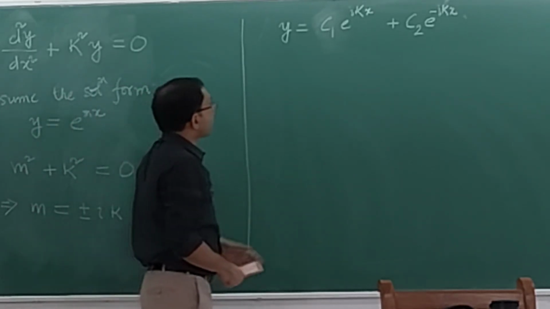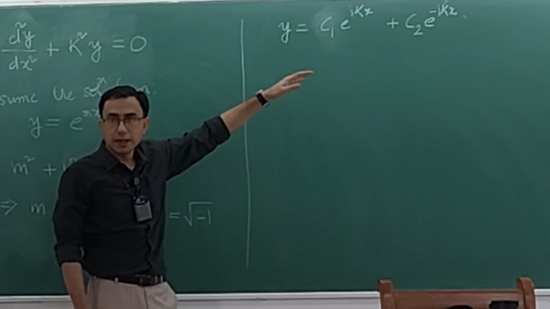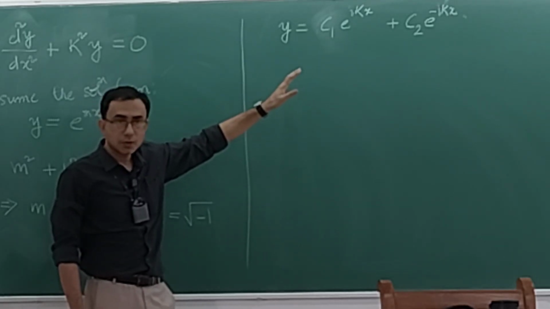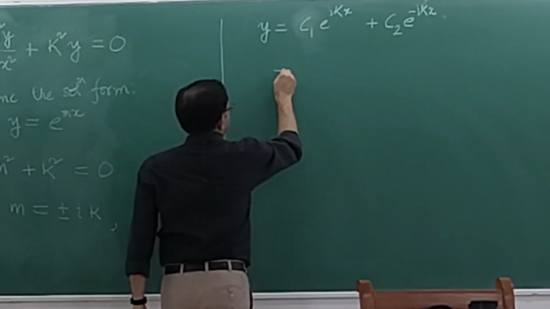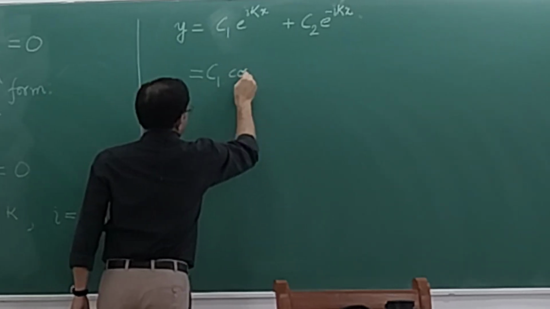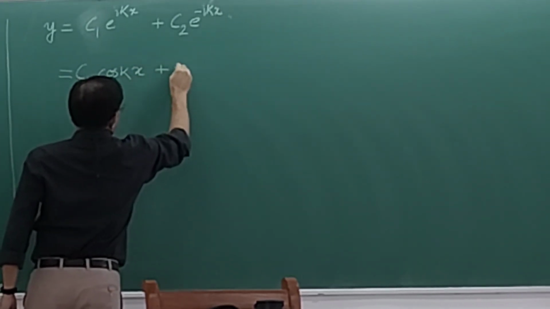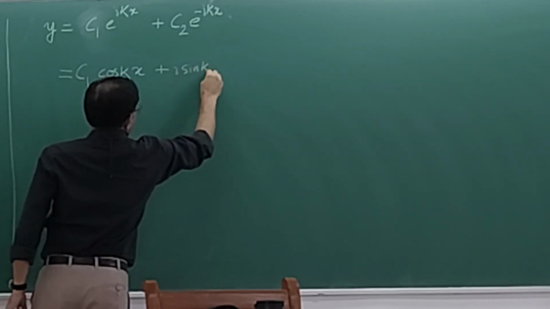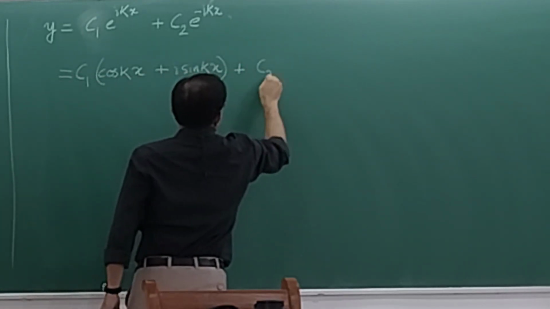What I'll do is, using De Moivre's theorem, I will re-represent this in terms of sines and cosines. So this e to the power ikx is what? Cos kx plus i sin kx.